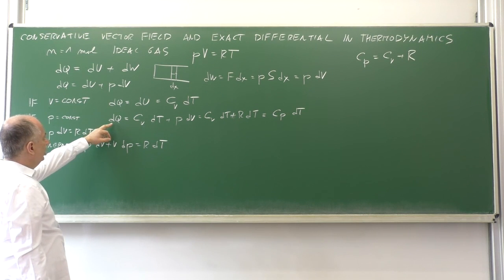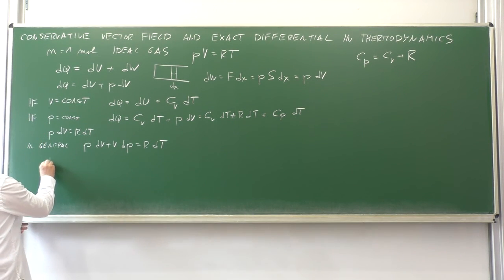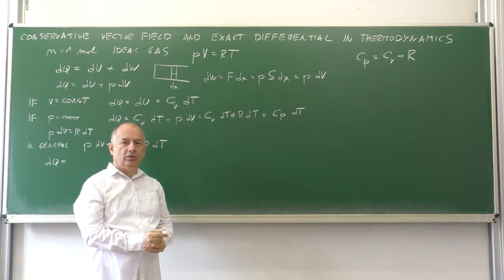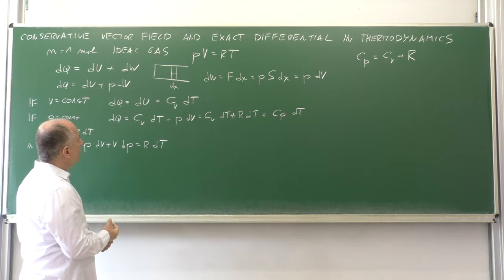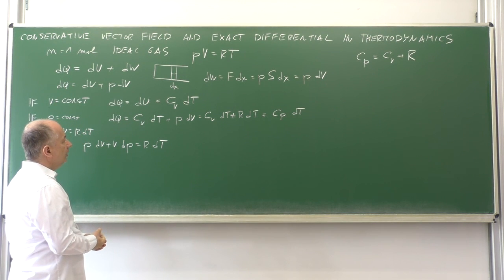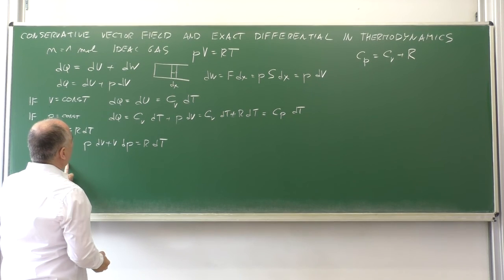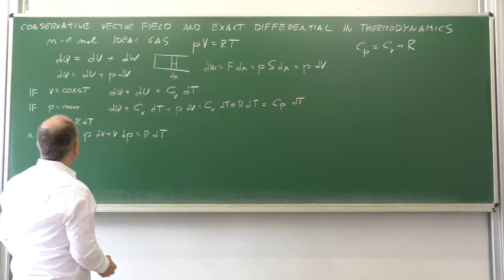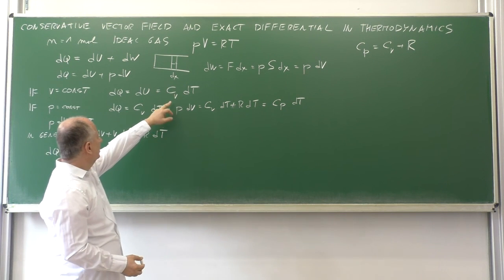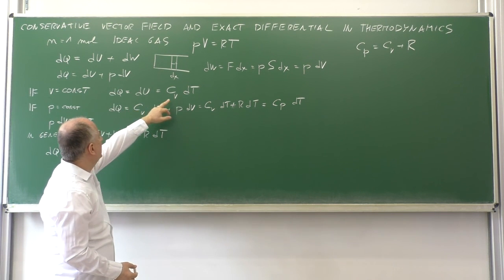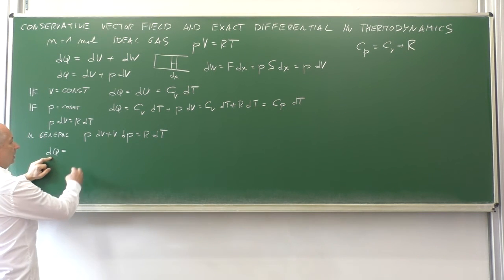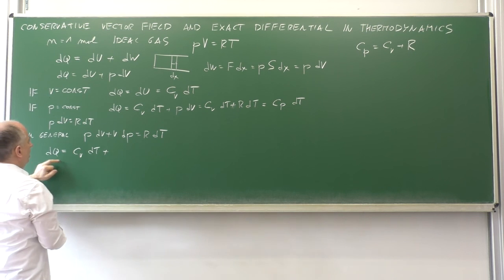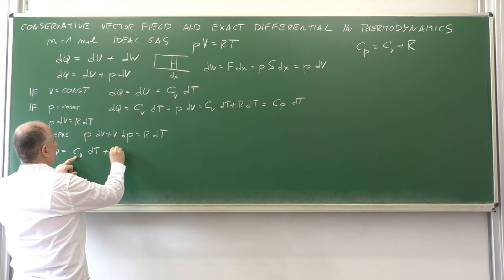And then we can write the heat, dQ, as the differential form with differentials dV and dP, namely dU, which is Cv dT, plus the work, which is P dV.